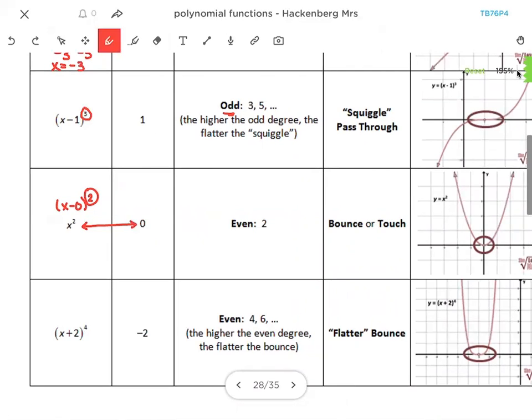Also remembering here, our degree is an even degree, and so the end behavior, both ends would go in the same direction. But it's not going to pass through. The multiplicity is 2, an even multiplicity. It's just going to touch the x-axis. It doesn't ever cross through at that root.